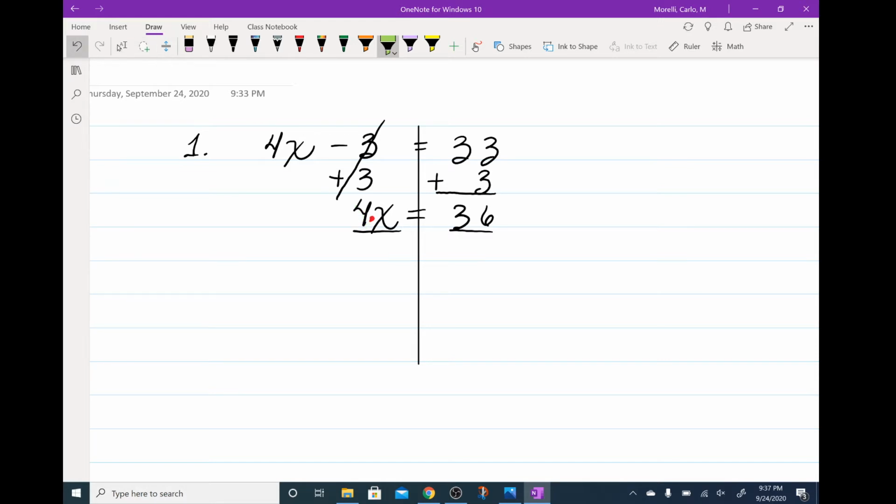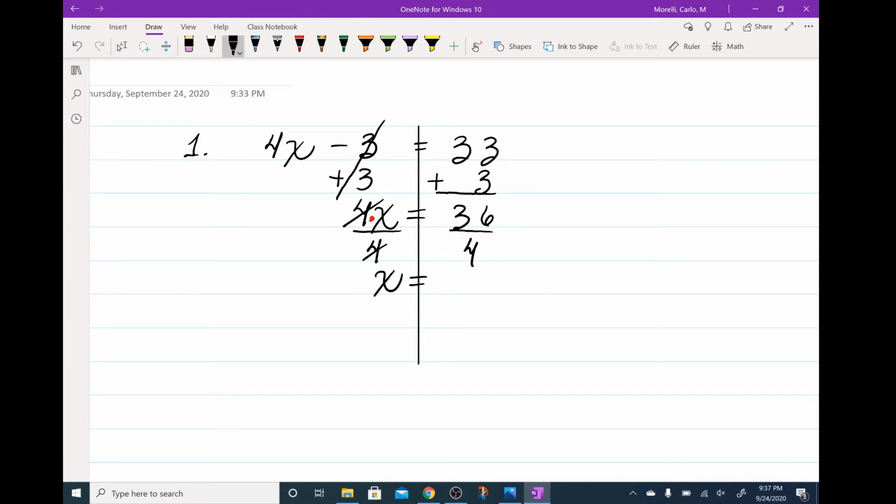That's the 4. So we consider the 4 to be the coefficient of the variable, and we will divide both sides by the coefficient of the variable. Cancel, cancel. Those 4's divide by each other to give 1, and we don't write the 1, we just cancel them out, and we write x.